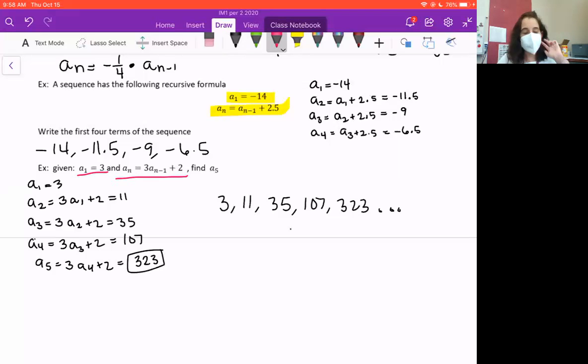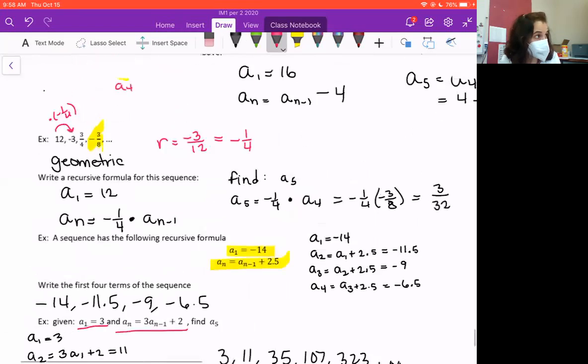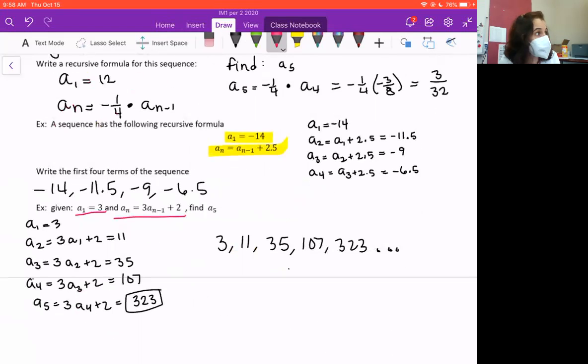Okay. So on your Delta Math tonight, you are going to be seeing some recursive formulas. Some where they give you a sequence that's arithmetic or geometric. They're not going to give you something like this and ask you to write the recursive formula because, like I said, it would be almost impossible for anybody in here to actually see what's going on.